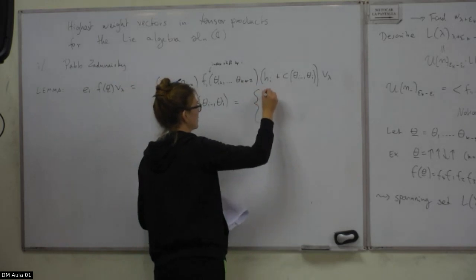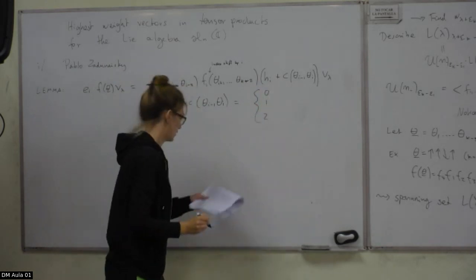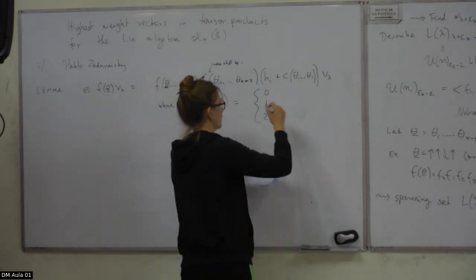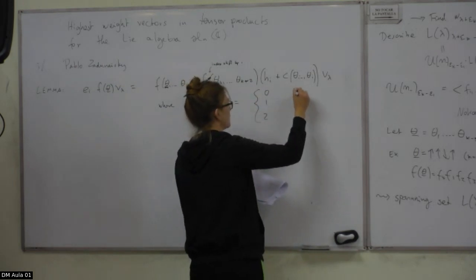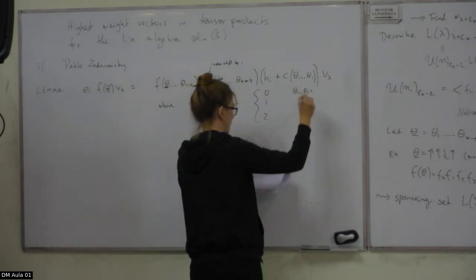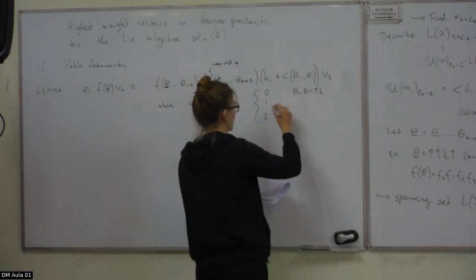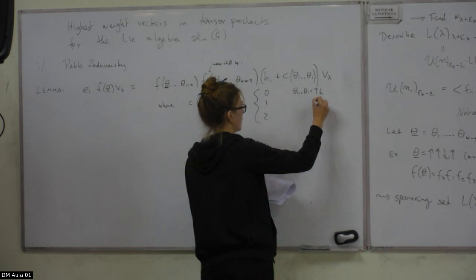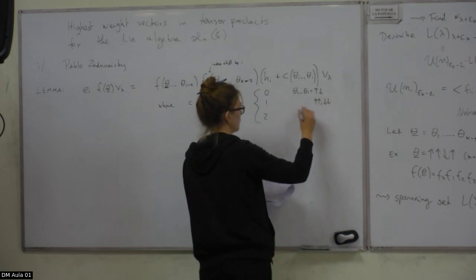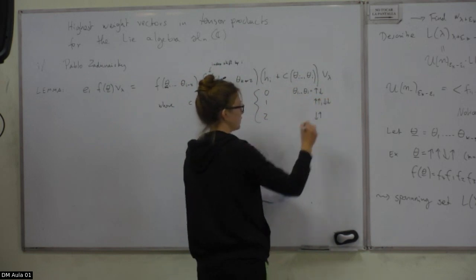That will be either 0, 1, or 2. It will be 0 if theta i minus 1, theta i was up down. It will be 1 if this was either up up or down down. It will be 2 for the case down up.